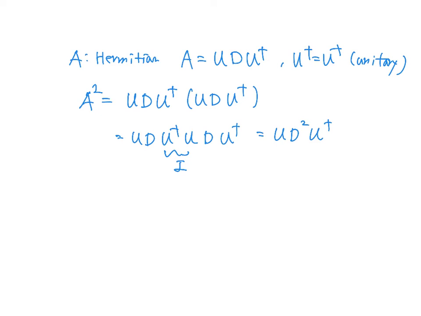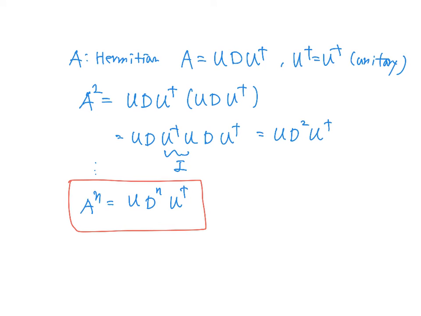So in some cases, this is much faster. So you can do many times. A to the n is actually U, D to the n, U dagger. So sometimes this is faster than the spectral theorem.